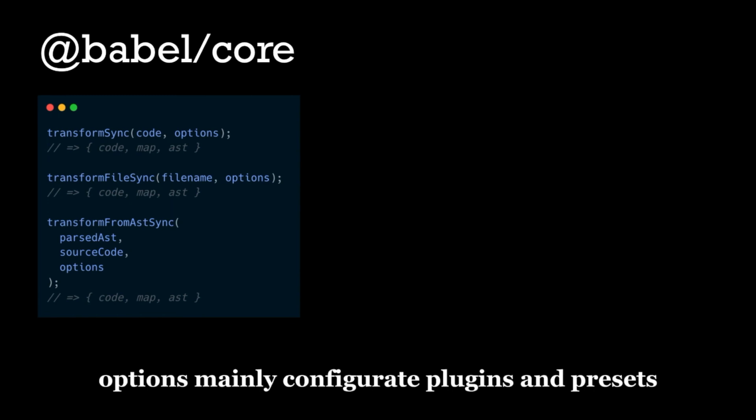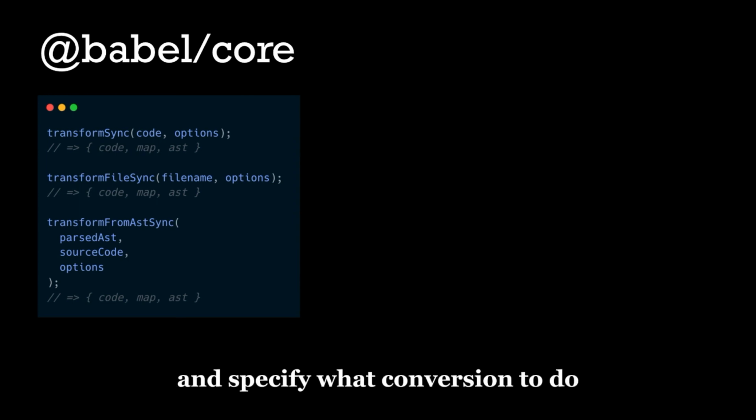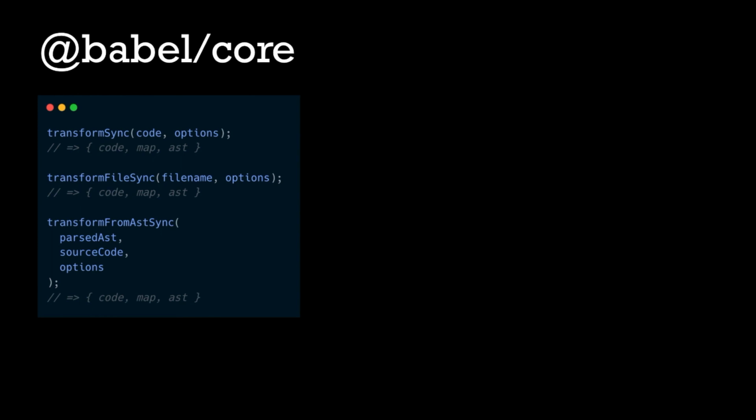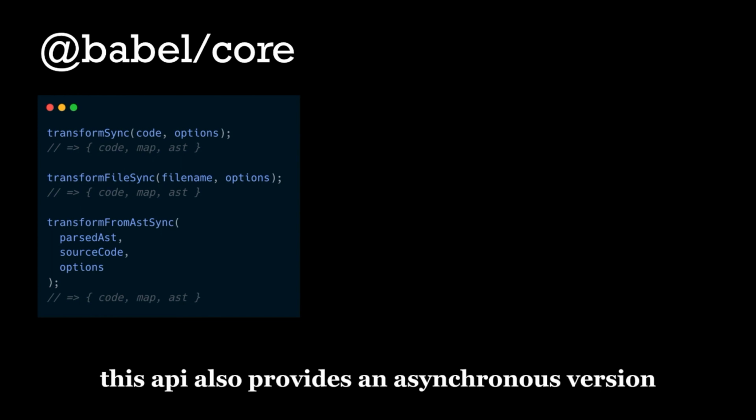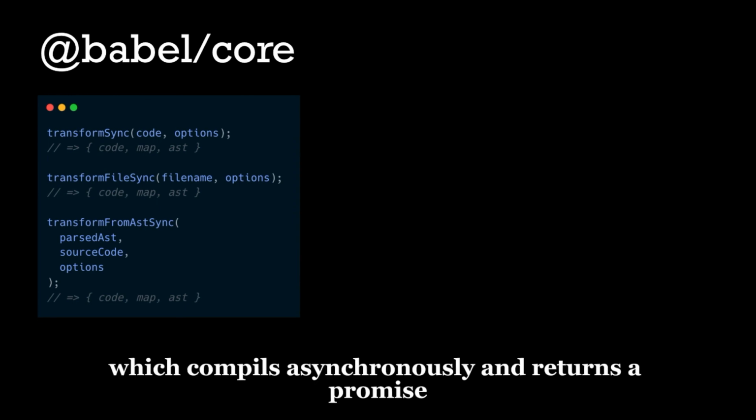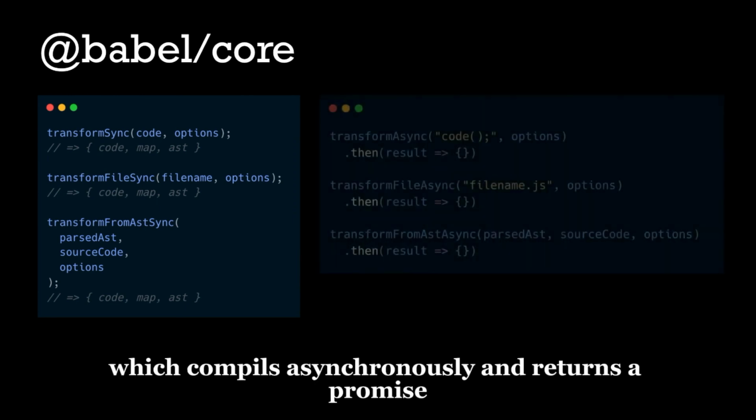Options mainly configure plugins and presets and specify what conversion to do. This API also provides an asynchronous version, which compiles asynchronously and returns a promise.